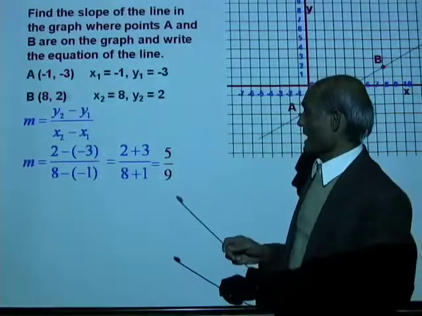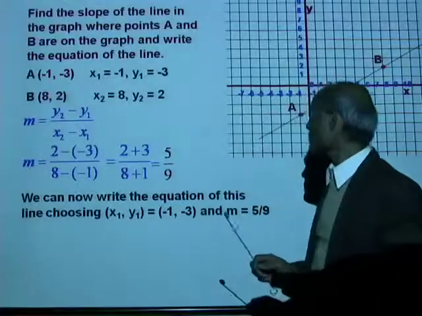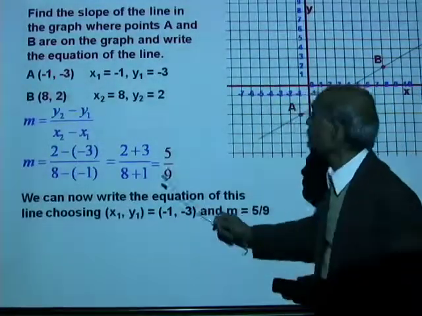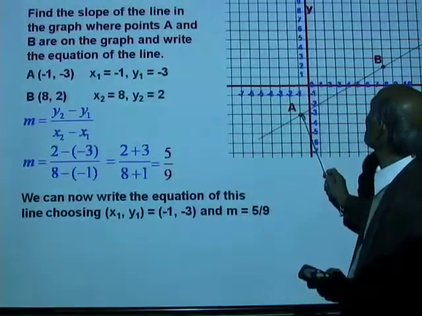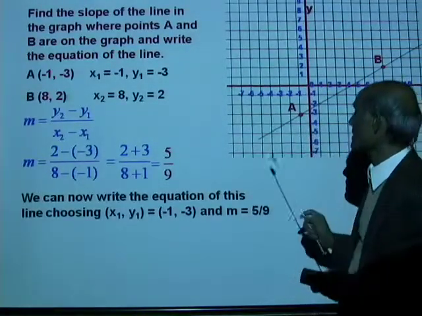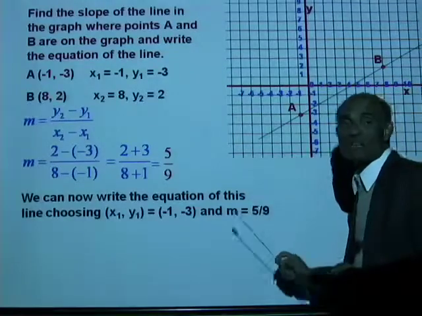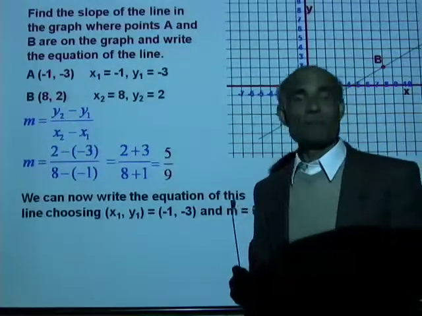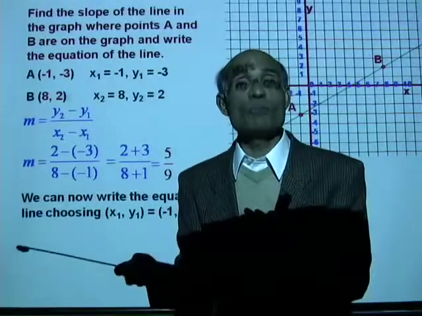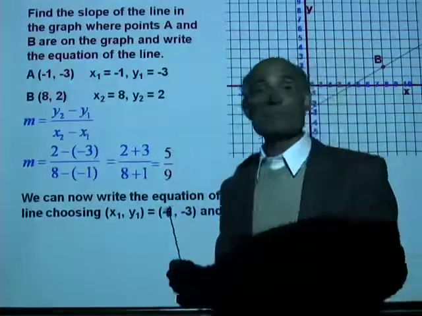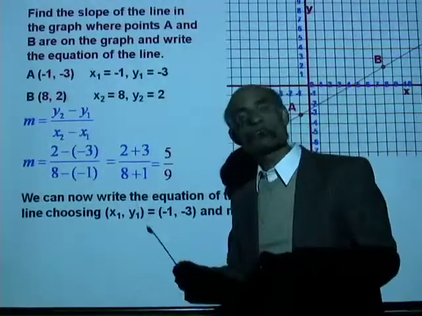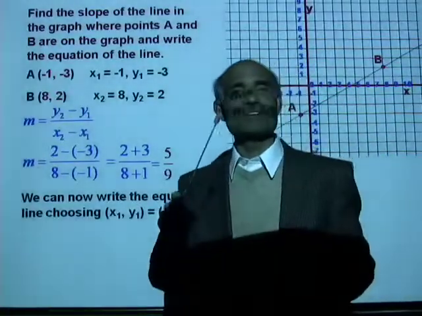Now, we can write the equation of this line, choosing the point x1, y1. We can choose this point. x1 is -1, y1 is -3, and the slope is 5/9. But this time, we got to use the point slope form because we don't have the y-intercept. So, what is the point slope form of the equation?